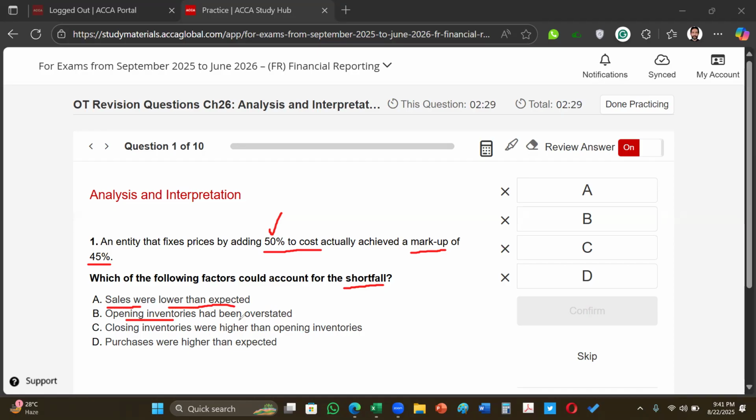And with the increased cost, we're going to have lesser profit. We thought that we might achieve the 50% markup, but we only achieved 45%. So this is the reason. Why? Because there was an error when we were costing the products. We ended up making a mistake and we overstated some of the inventory more than its value.